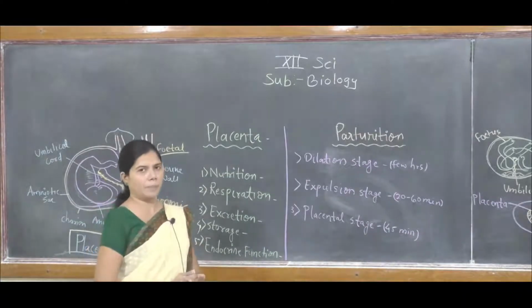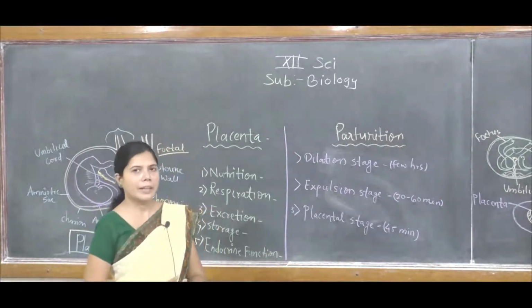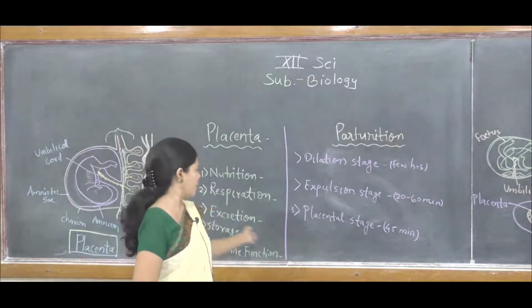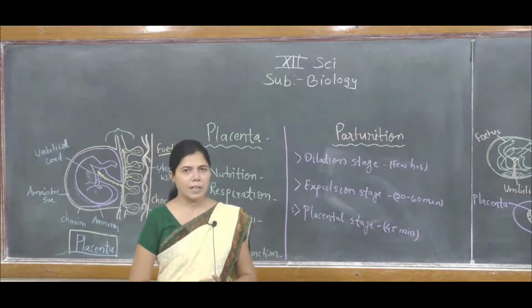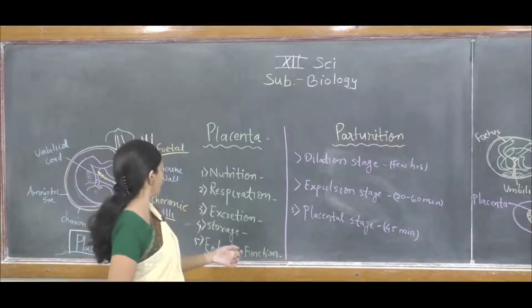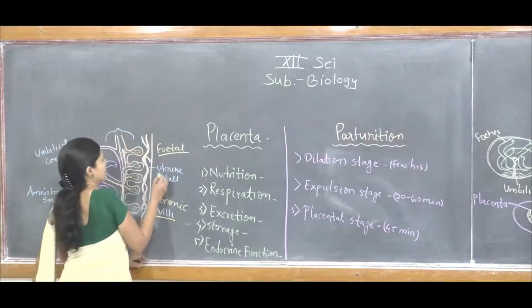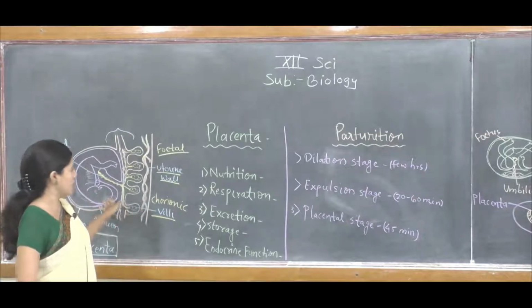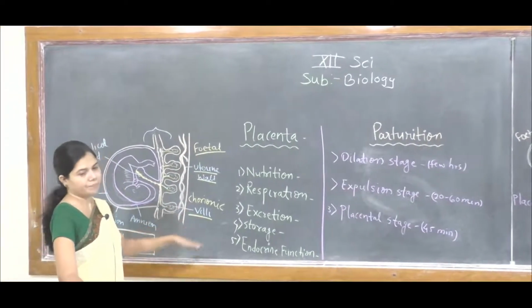The part shared by the uterine wall is known as the maternal placenta, and it is the wall of the uterus. So the wall of the uterus is the maternal placenta, and the part contributed by the fetus is the fetal placenta, the chorionic villi.